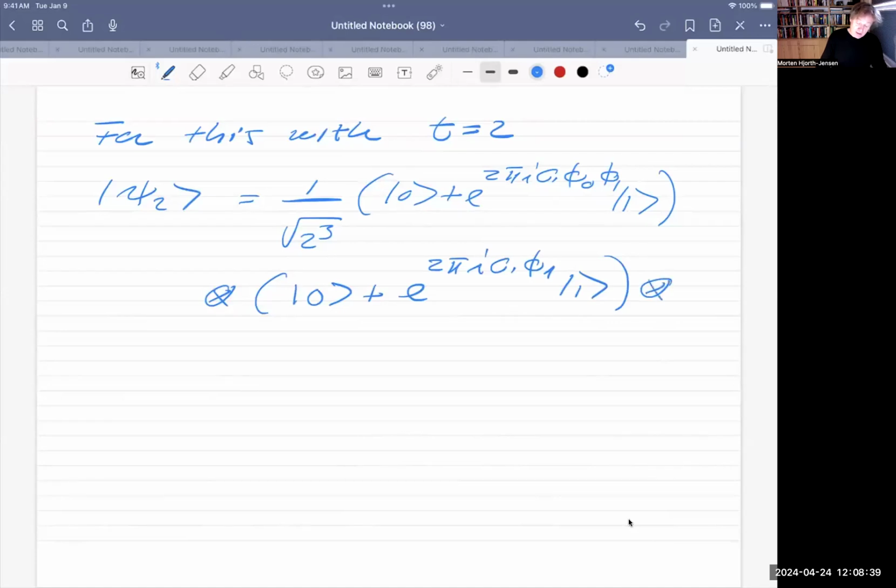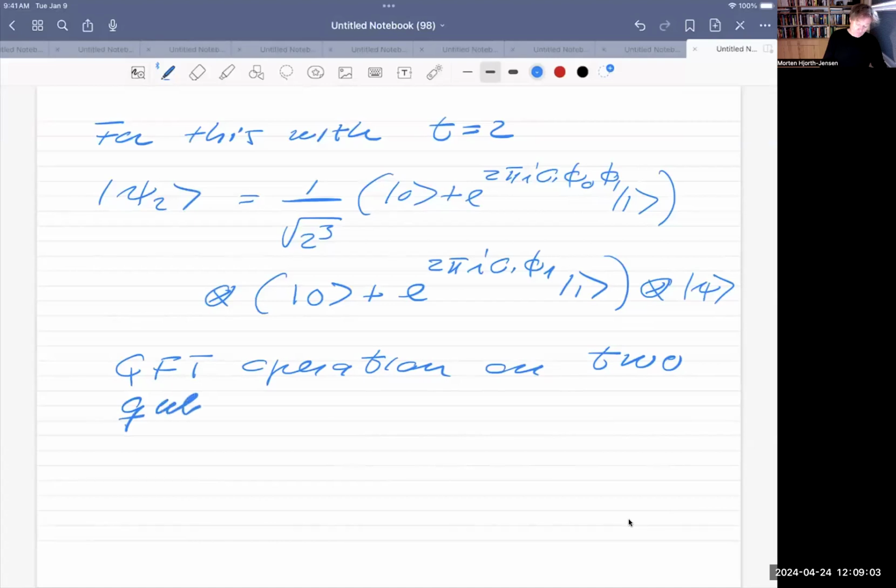And then we take a tensor product with the final state whose eigenphase we want to find out. So this is the form that results from applying the QFT operator, the quantum Fourier transform, on 2 qubits in the register T, and in our case T is equal to 2.